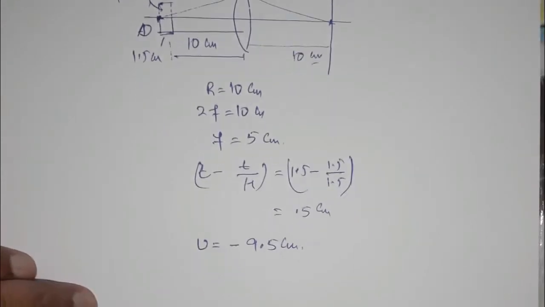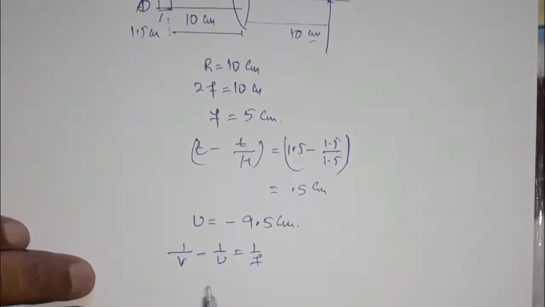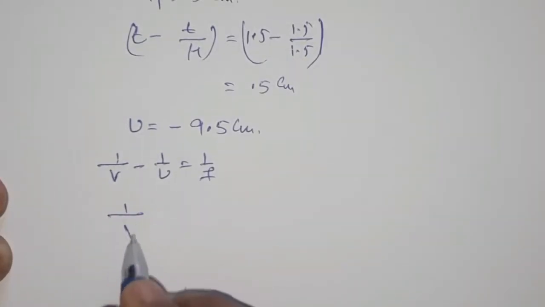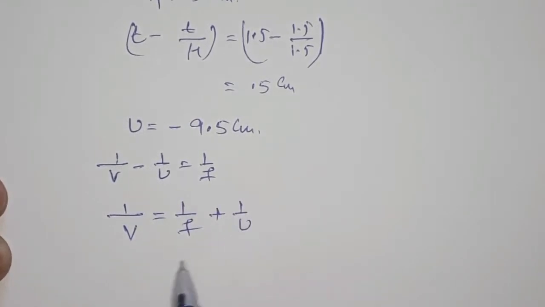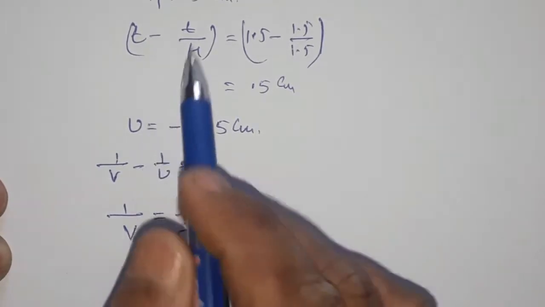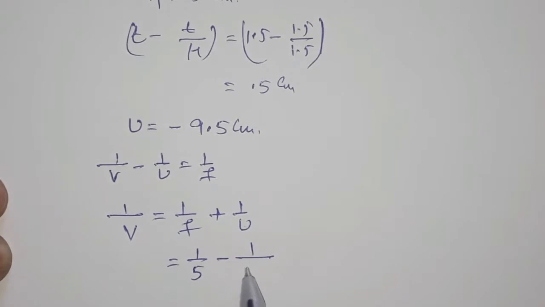So according to the relation 1 by V minus 1 by U is equal to 1 by F, the new V will be: 1 by V is equal to 1 by F plus 1 by U, that is 1 by 5 minus 1 by 9.5, because this U is minus. That means I can say 10 by 95 or 2 by 19.